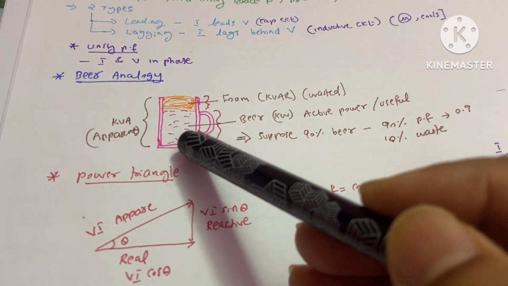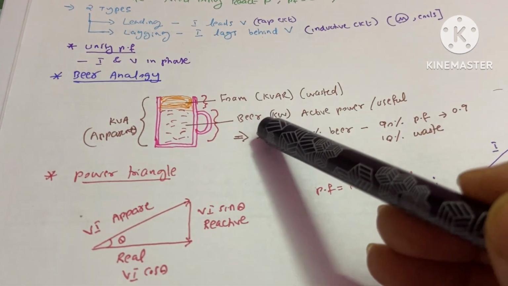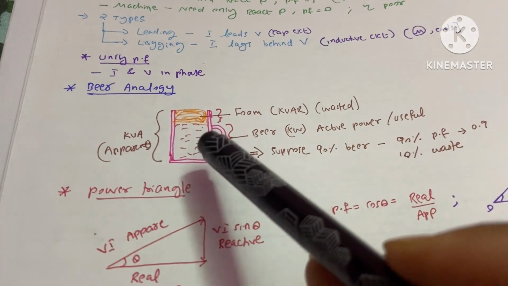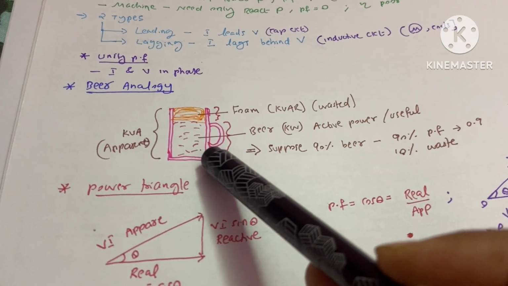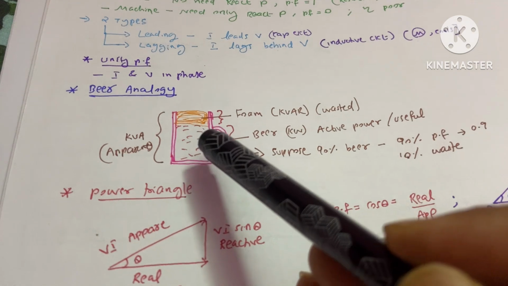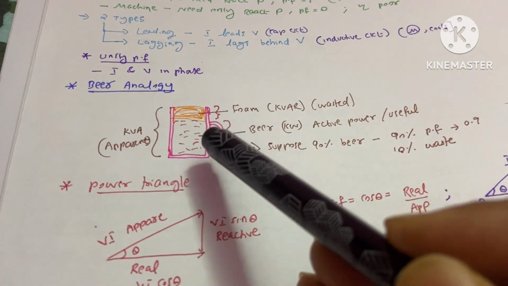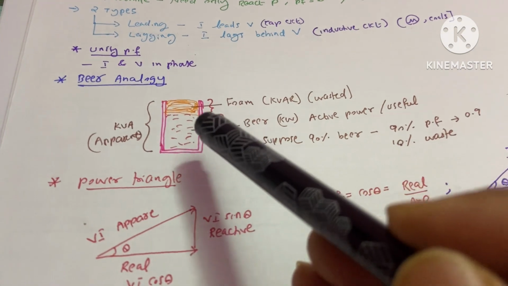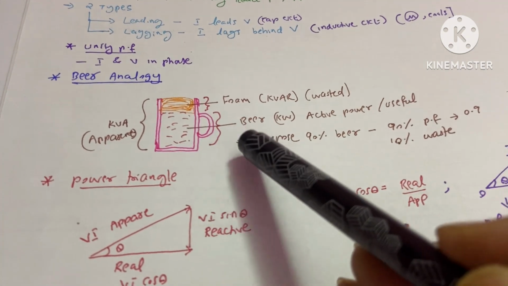This mug, which contains both foam and beer, represents the kVA, the apparent power. Here we have 90% beer in this mug doing the useful work, so we could say your power factor is 90%, meaning 0.9.